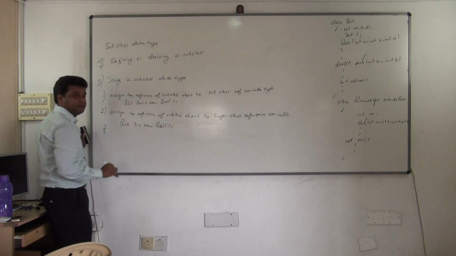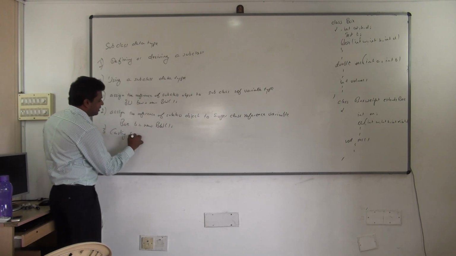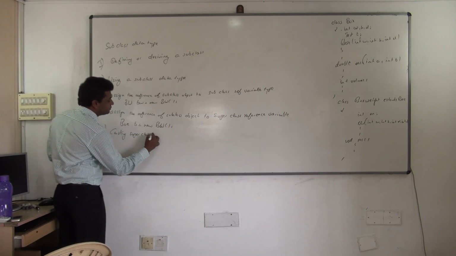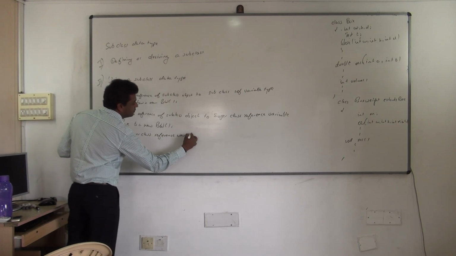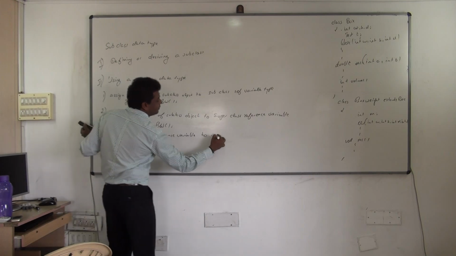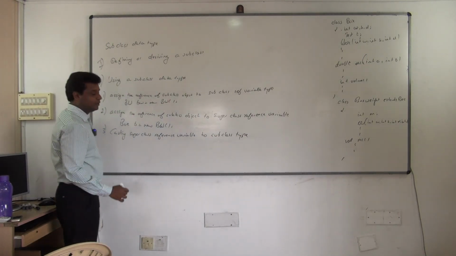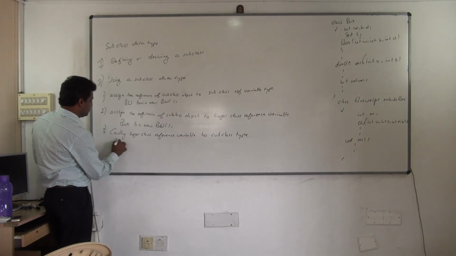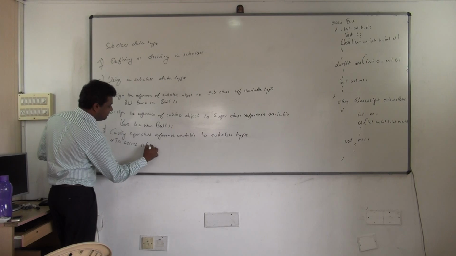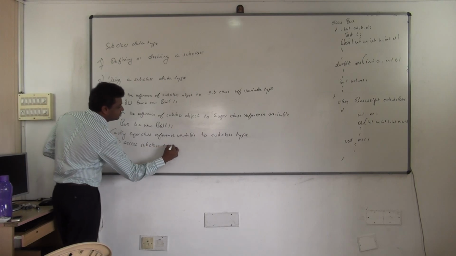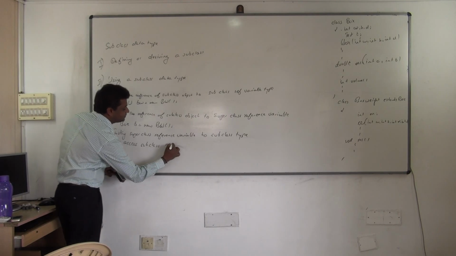Then third what you learnt? Casting. Casting a superclass variable to a subclass type. Yes or no? Why you do this? Simple reason, to access subclass members. To access subclass members you will be doing this.